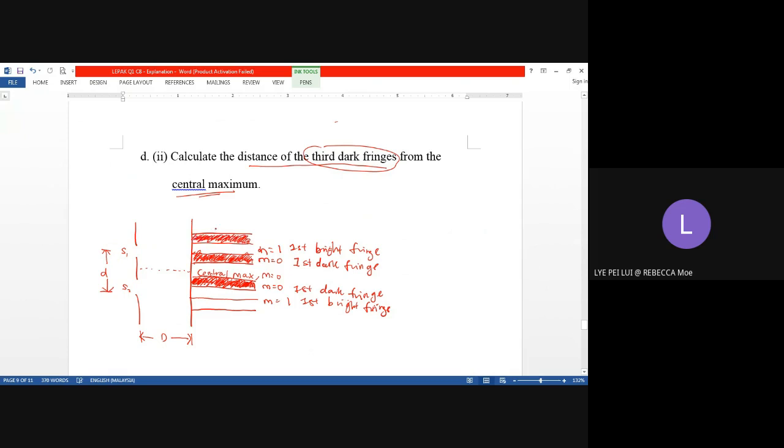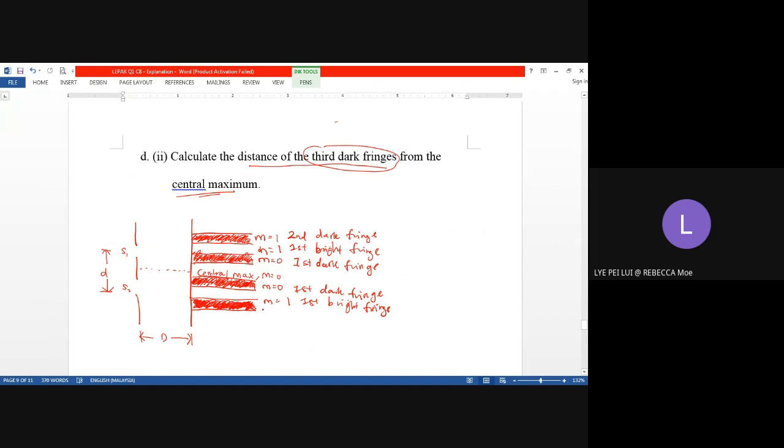So that means I have m equals 1, but it is already labeled as the second dark fringe. Down here it is the same.